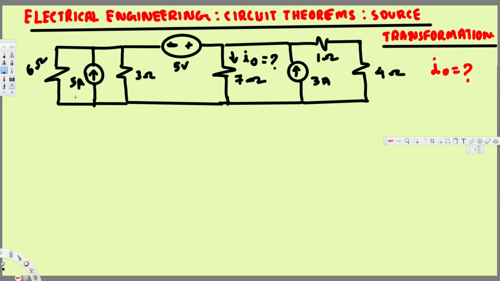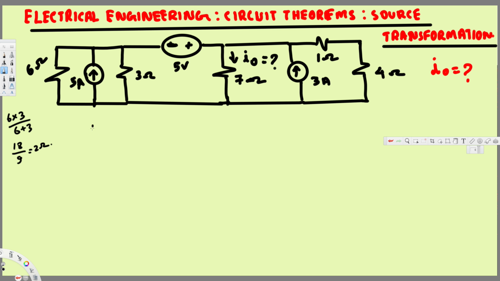Also, this 6 ohm and 3 ohm are in parallel, so we can find the equivalent resistance by multiplying them together and dividing by the sum, 6 plus 3, which gives 18 over 9, equal to 2 ohm. So the equivalent resistance for this 6 ohm and 3 ohm is 2 ohm.